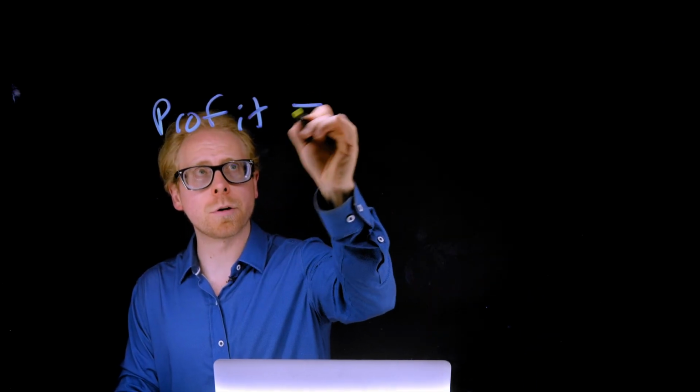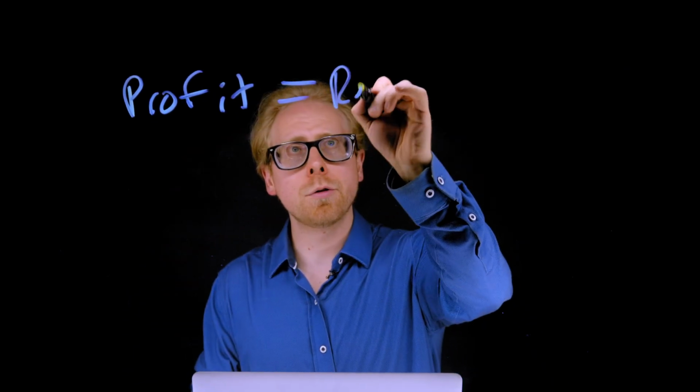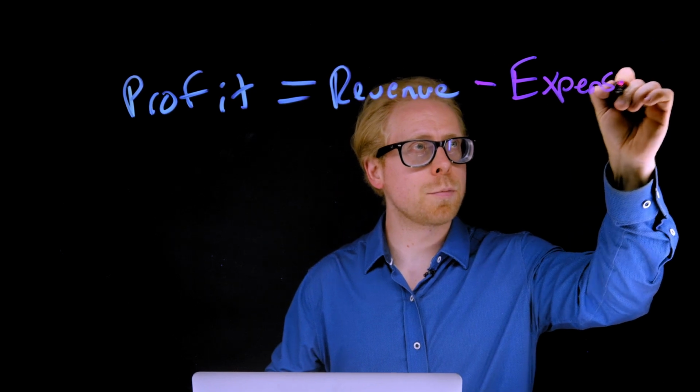And when we make this change, so I've written on the board here if you're listening to this as a podcast, profit equals revenue minus expenses. This is the typical profit equation.